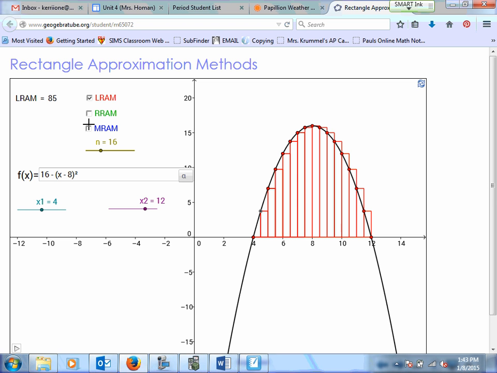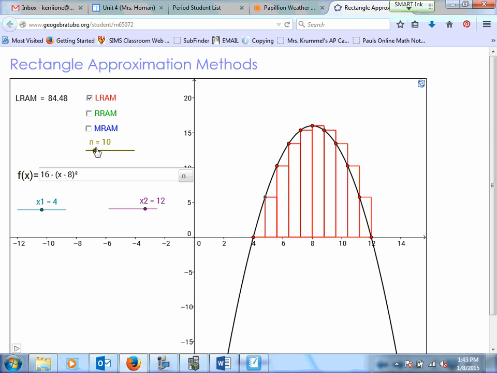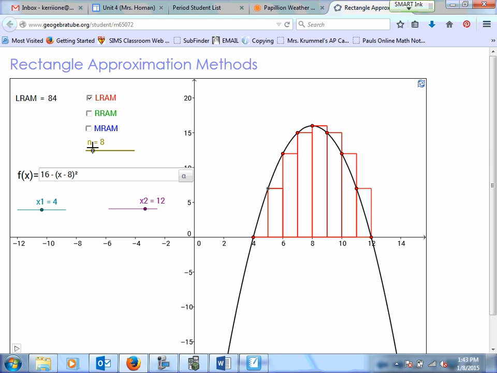Sometimes we're going to get a number that's probably bigger than our area. Sometimes we're going to get a number that's probably smaller than our area. But hopefully we can get close. Okay? So you guys think middle is going to be the best? Yeah.